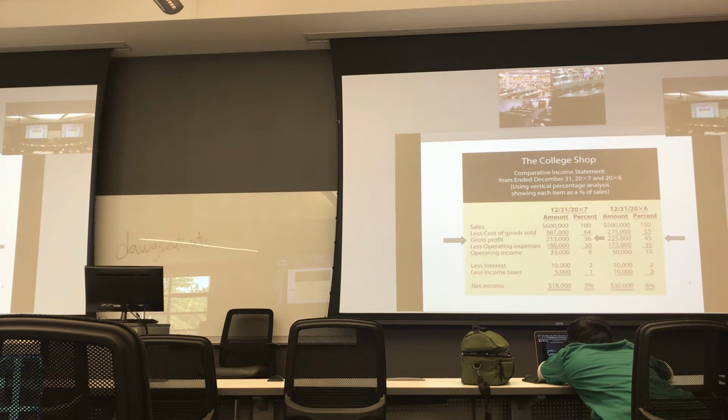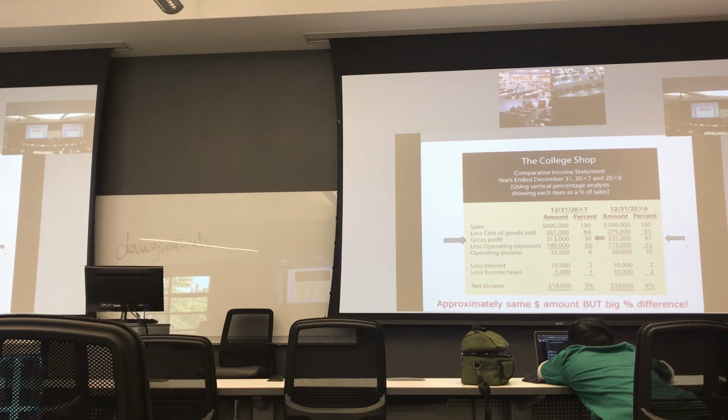So they had a 50% reduction in their net income because of what happened. So if you analyze these numbers, they help give you clues to make management decisions and how to fix it. So like I said, it's approximately the same amount, but the big percentage difference here in the gross profit.